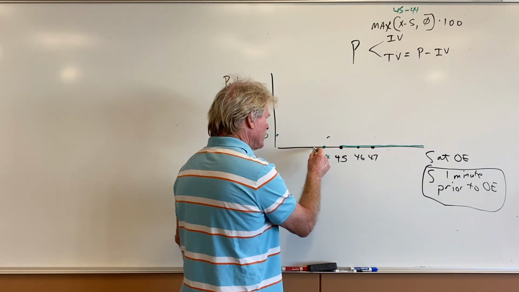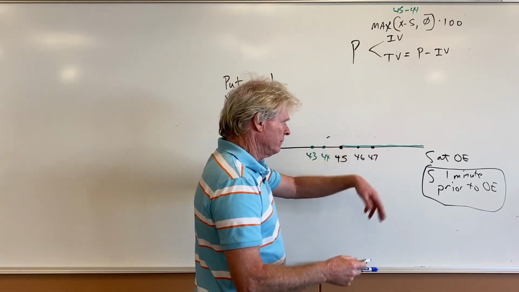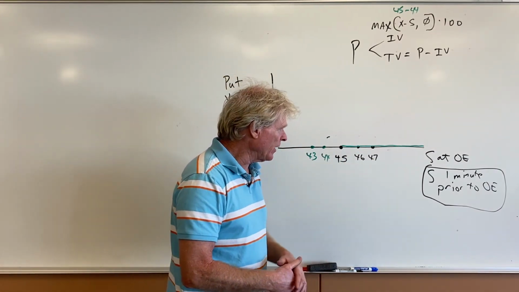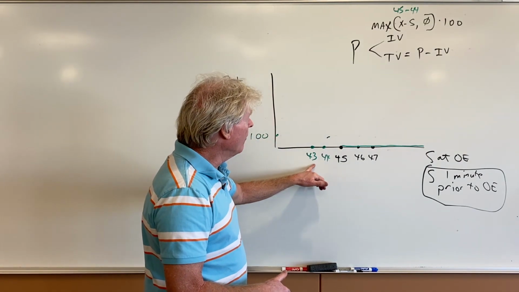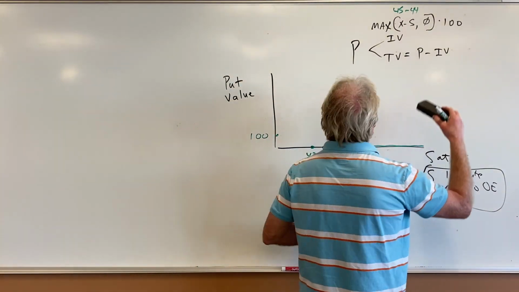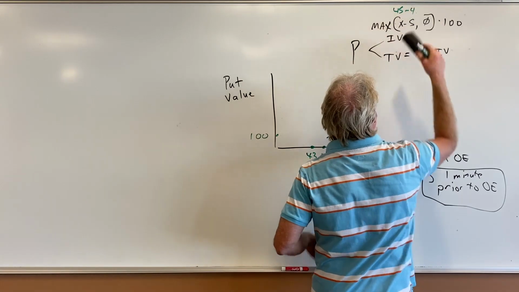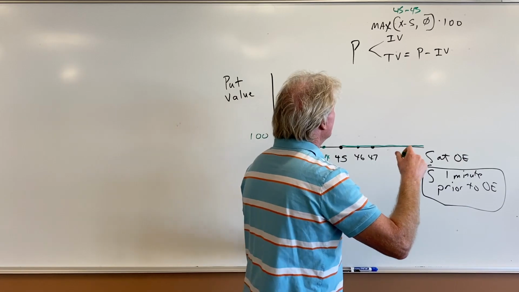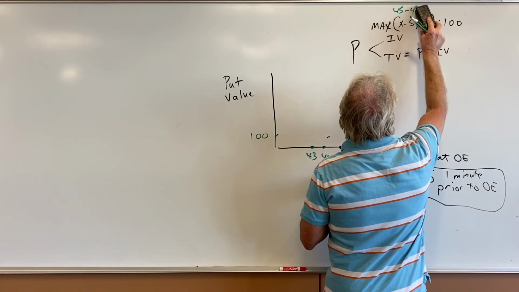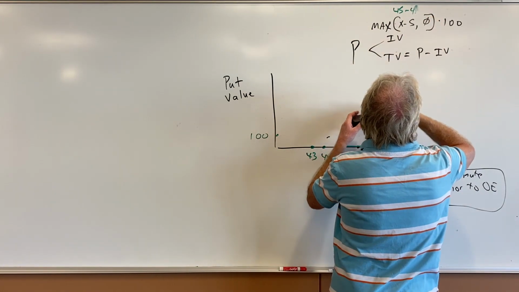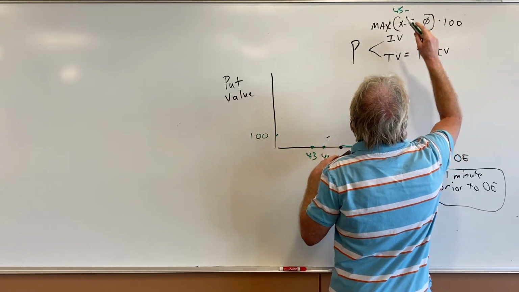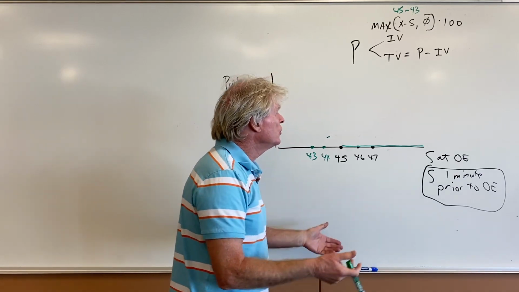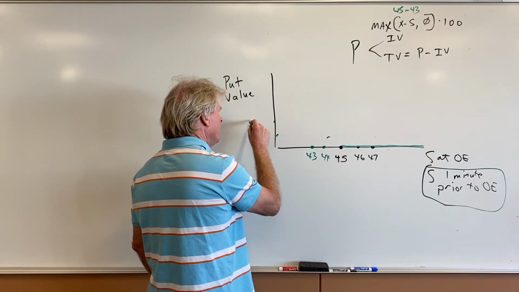Well, let's now assume the stock price is 43. The price of the underlying stock, HIJK, 1 minute prior to OE. Well, go up here to our little formula and just change the value of S assumed from 44 to 43. The maximum of 45 minus 43, which is 2, or 0, is 2. 2 times 100 is 200.